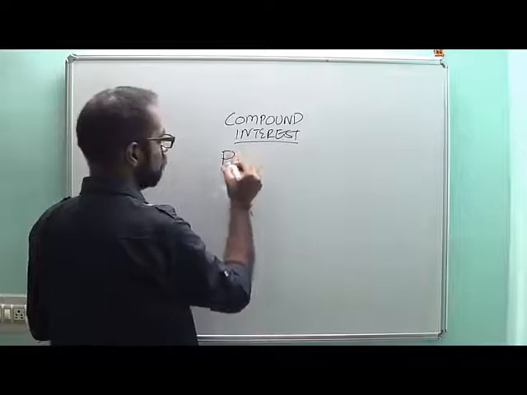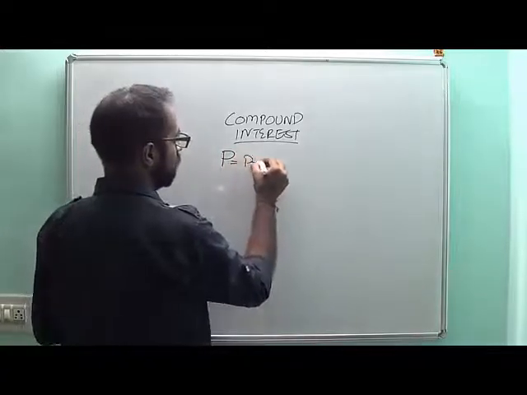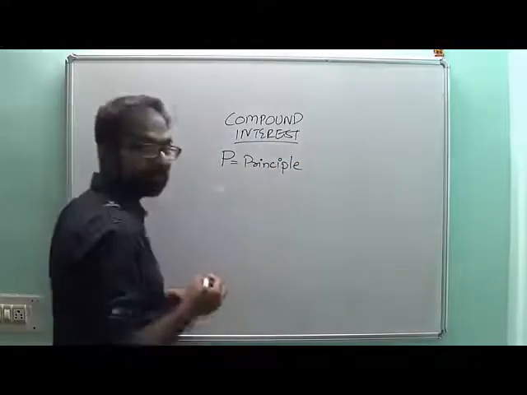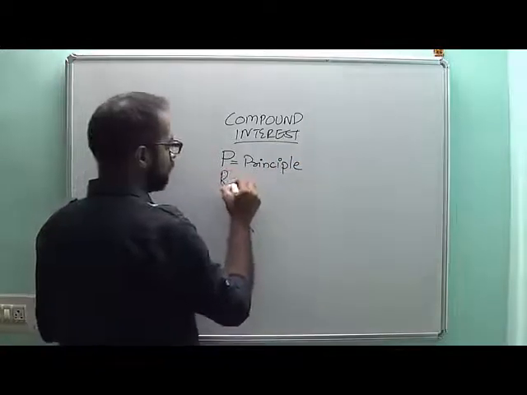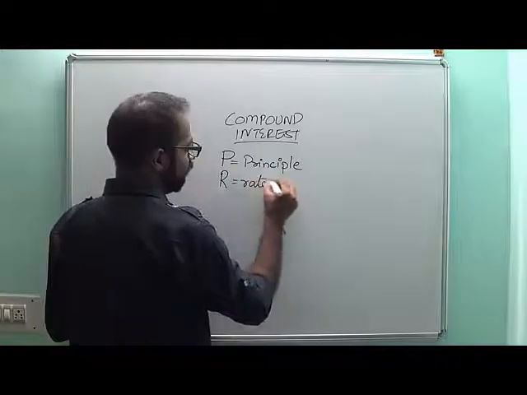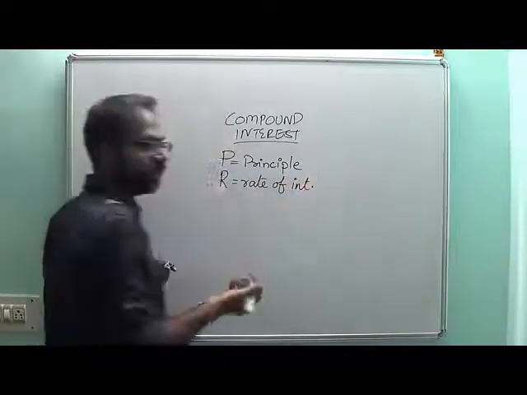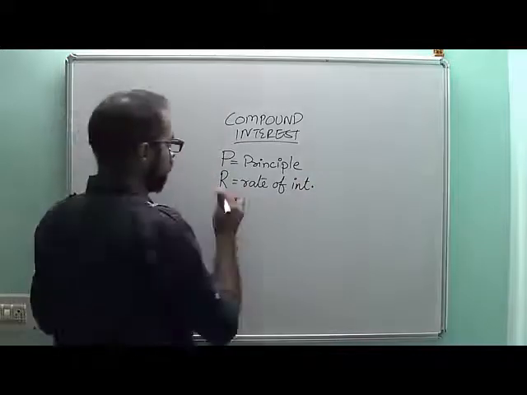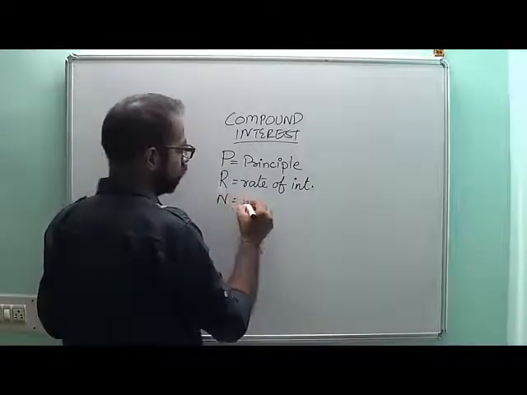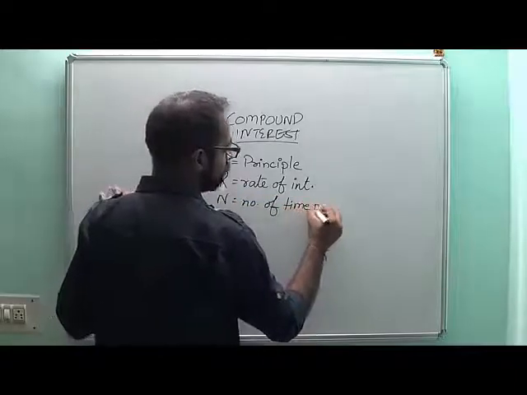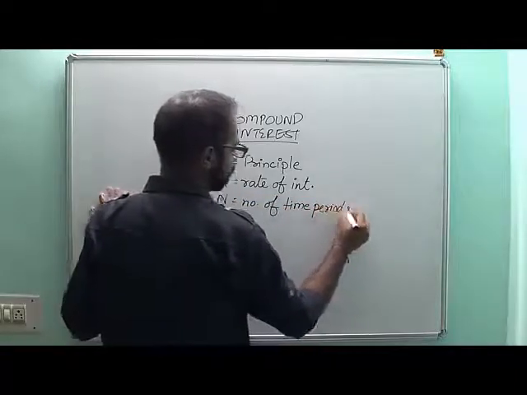So the initial amount which you lend to someone is known as your principal. R is nothing but the rate of interest at which you have lent the money to the borrower. N is equal to the number of time periods for which you have lent the money.